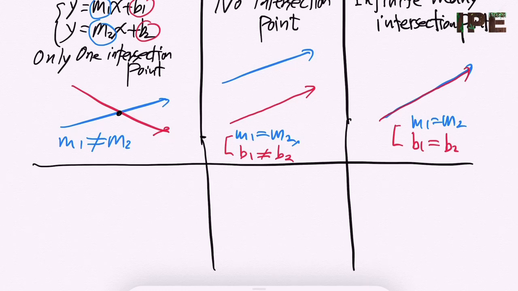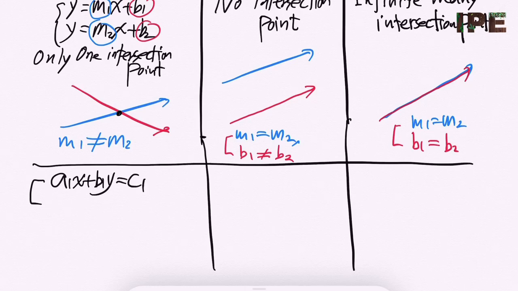Most system of equations problems are given in standard form like ax plus by equals c, like 3x plus 2y equals 5. So a1x plus b1y equals c1.